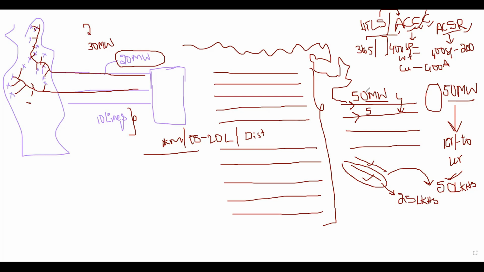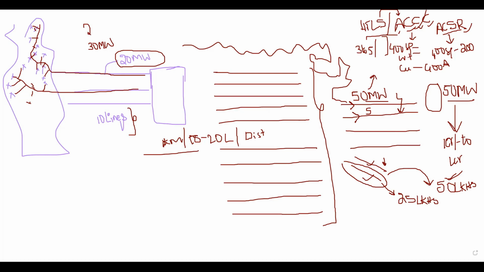And in the 50 megawatt, the losses will also be high, 25 low. So by all these conditions, it was decided that 20 megawatt is a good economical one in terms of the losses, in terms of the capital cost, and in terms of the reliability.